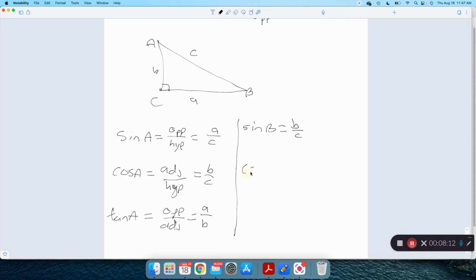What about cosine of B? From angle B, I want adjacent over hypotenuse, the one next door over the hypotenuse. And tangent of B: opposite over adjacent.